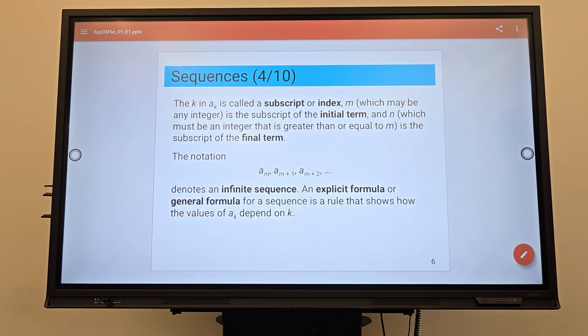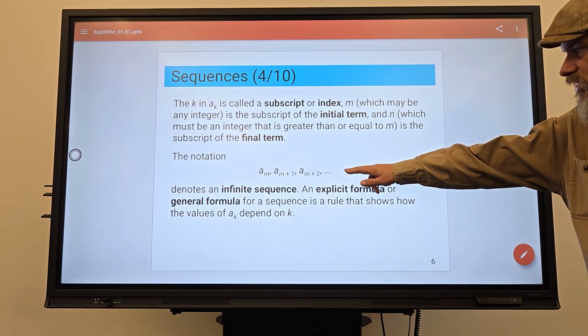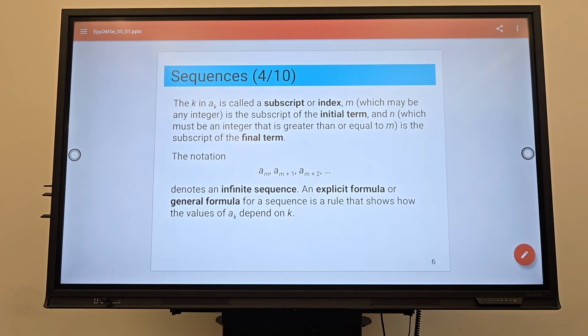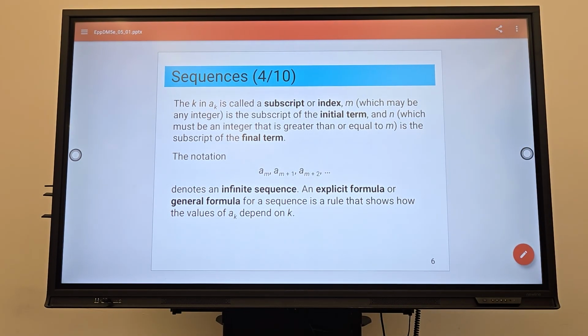The notation here indicates an infinite sequence. An explicit formula or general formula for a sequence is a rule that shows how the values of a sub k depend on k.